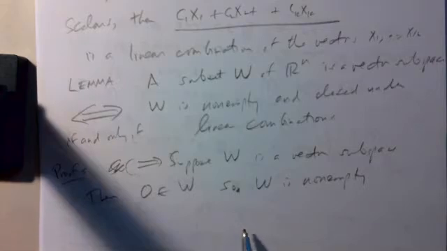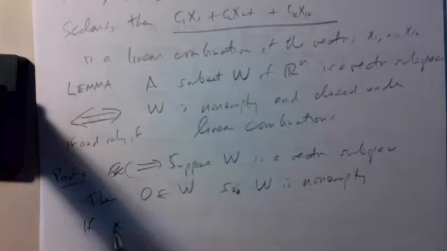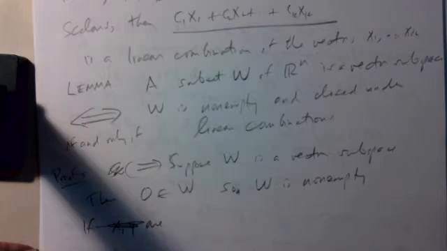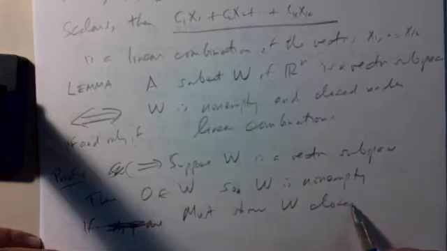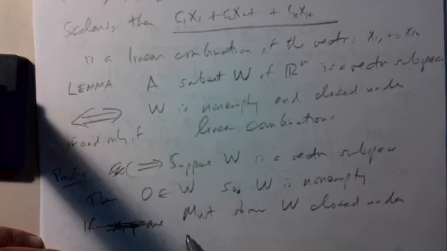And if X and Y, let's see. So we have to show W is closed under the operation of taking linear combinations.